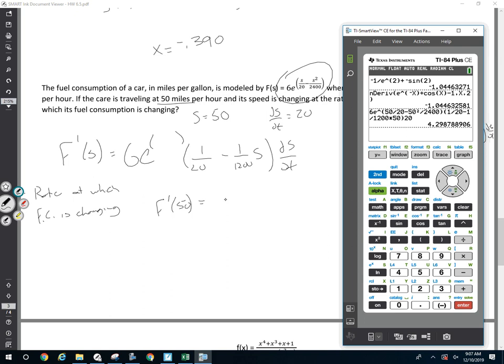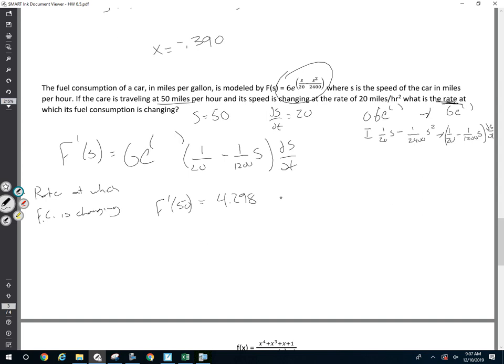Okay, I get 4.298. That ends up being miles per gallon. So it's like miles per gallon times ds dt.